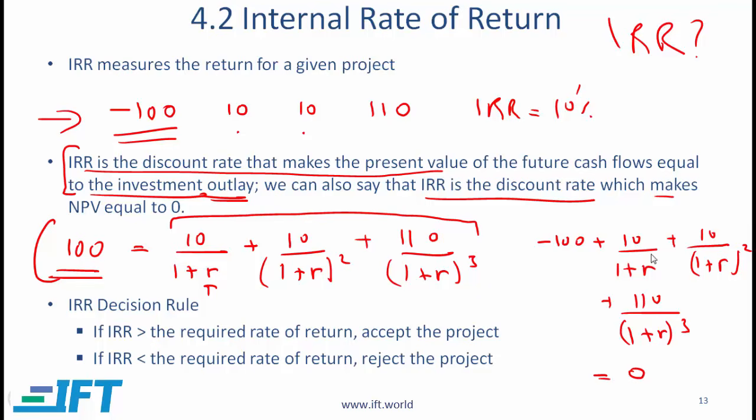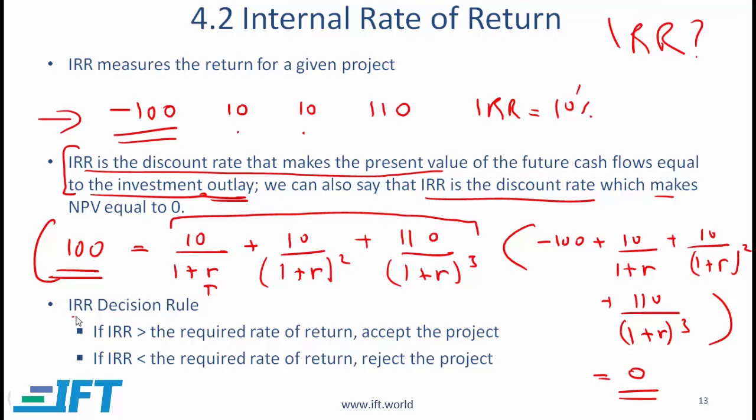What I've done on the right hand side is simply rewritten this expression. The left side of the equation is simply the NPV of the project. So the discount rate, which will make NPV equal to 0, is the IRR rate.